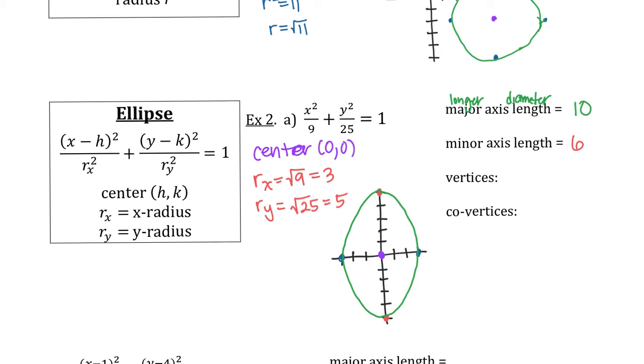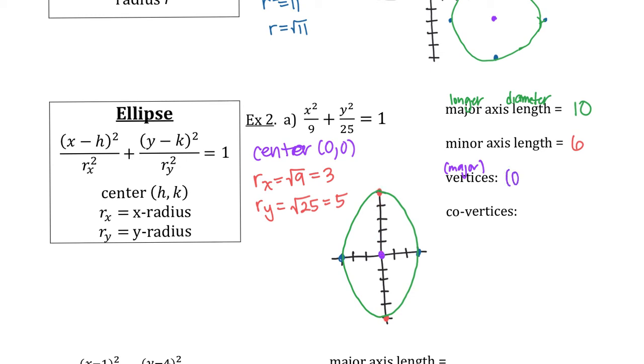Okay, next word is vertices. The vertices are the endpoints of the major axis, so this has to do with the major. In this case, the major axis is in the vertical direction. So this is a vertex, and this is also a vertex. Up here, this is (0, 5), and this is (0, negative 5).